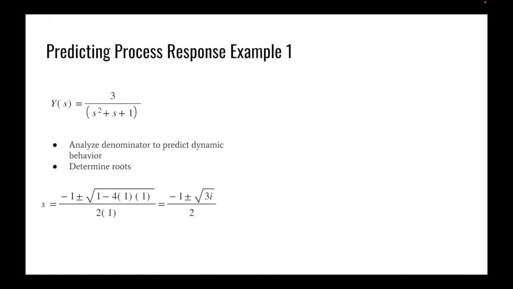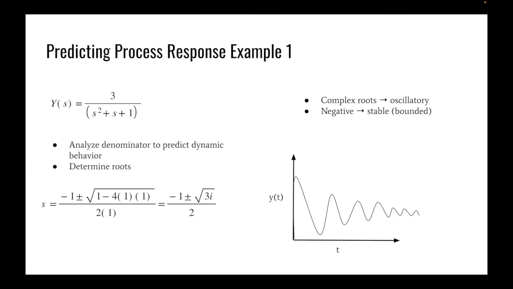Using the quadratic formula, we get that these are the roots. Further looking at that, since we have a complex root, we know that the behavior will be oscillatory, and since the real part is negative, we know that it will be stable or bounded. Here is a sample of what that behavior could look like. We see that there are oscillations, but it is stable and will converge as t goes to infinity.